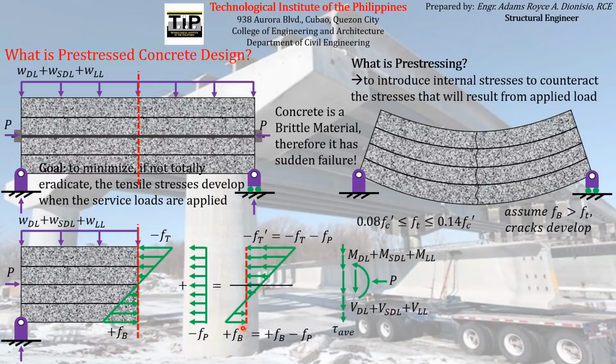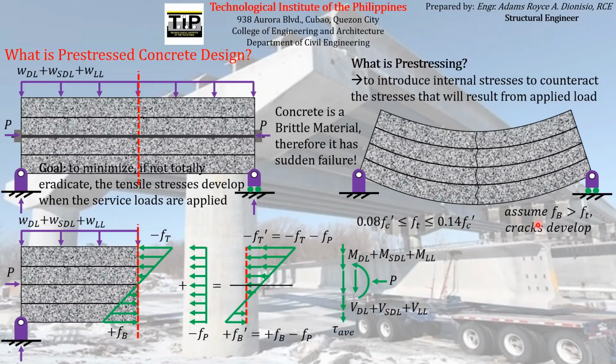So since we have minimized the tensile stress acting on the concrete beam, we are sure that there will be no cracks, kasi obviously this magnitude is less than the F sub T. Di ba sabi natin kanina, this F sub B is greater than dun sa tensile strength na nung concrete beam. That's why nag-crack kanina. Pero ngayon, since limit na yung tensile stress dun sa bottommost fiber ng concrete beam, obviously wala nang crack.